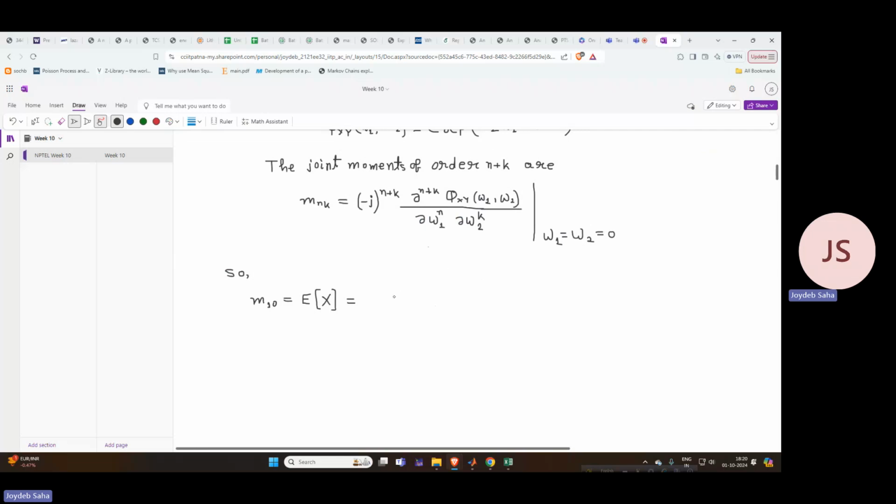Let us write minus j to the power 1 times the derivative of phi xy of omega 1, omega 2.